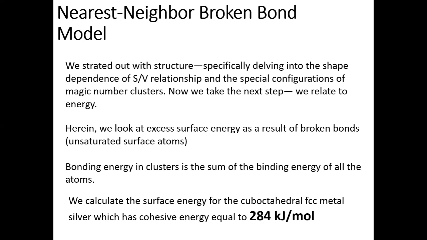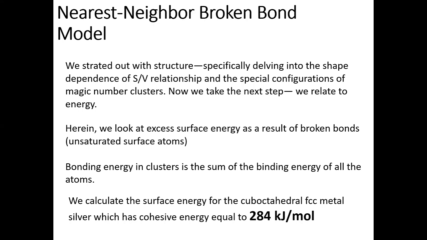Bonding energy in clusters is the sum of the bonding energy of all the atoms. We calculate the surface energy for cube octahedral FCC metal silver. Silver and gold have the same structure. They determined experimentally that it's 284 kilojoules per mole. Okay, that's where we're starting. That's called the cohesive energy. That's all the energy that's holding the silver cluster together.